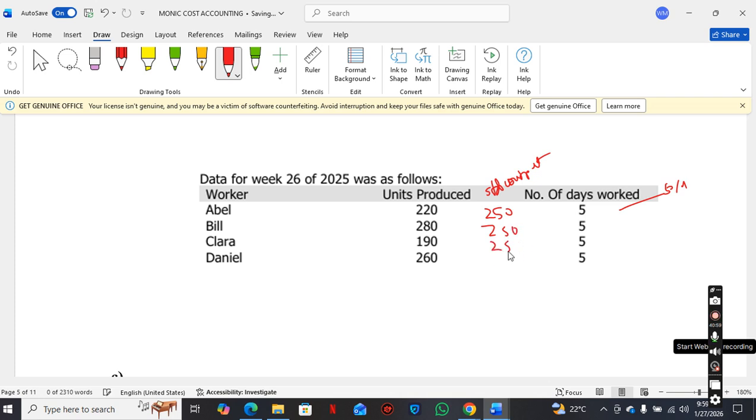This is what is expected. Okay? Since it's 50 units each day, so for 5 days you're expected to make 250 units. So now we're going to analyze each worker and see who went above the standard, who went below.